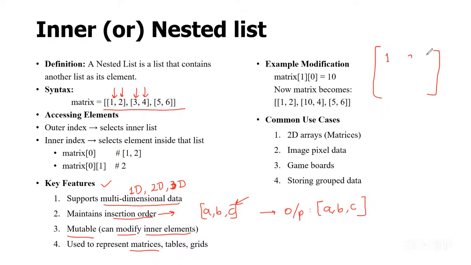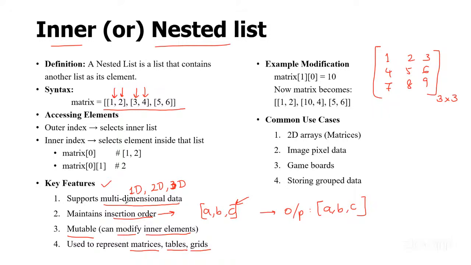Let's say 1, 2, 3, 4, 5, 6, 7, 8, 9. So this is a 3 by 3 matrix. These matrices you can represent with inner lists. And also you can use inner lists if you want to represent tables or grids, etc.